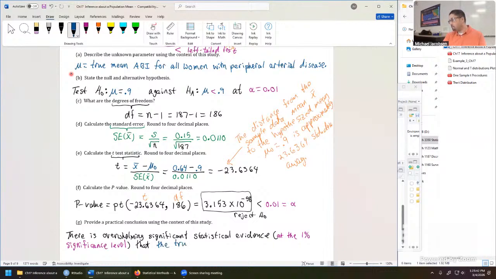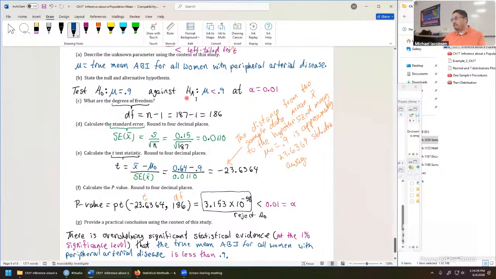The true mean ABI for all women with peripheral arterial disease, so that's the mu part, and I'll just say is less than 0.9. And that ends the whole sentence.